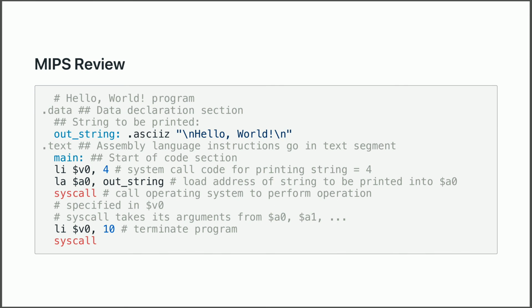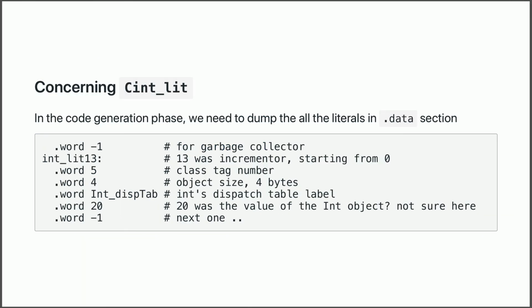Okay, let's continue. In this lab, remember to get the handout from the CAS website. In this lab, we will be talking about what we need to output in our code generator regarding the .data portion of the MIPS code. Anything in the .data, we will be talking about in this lab.